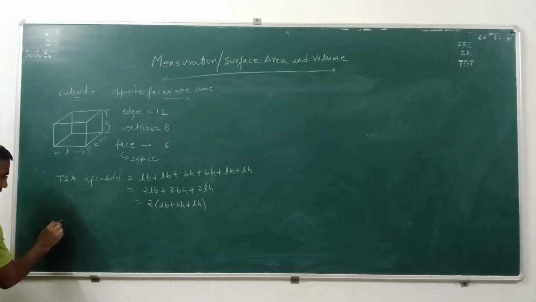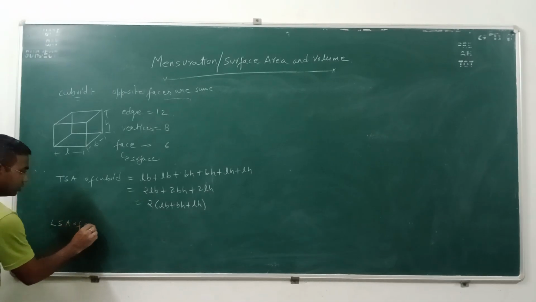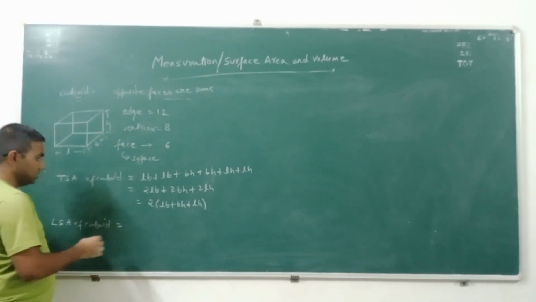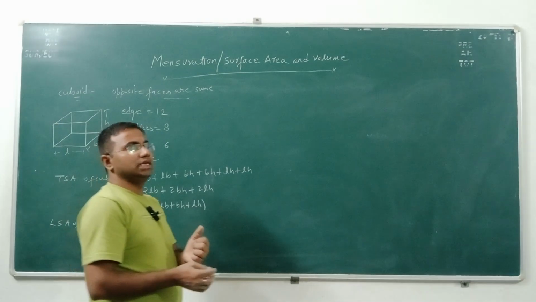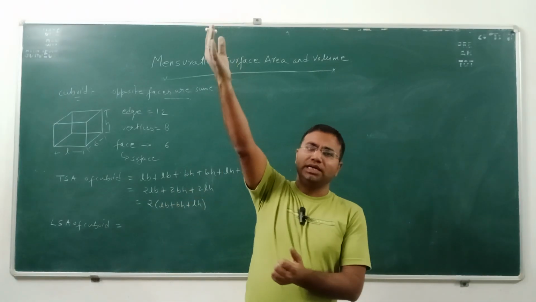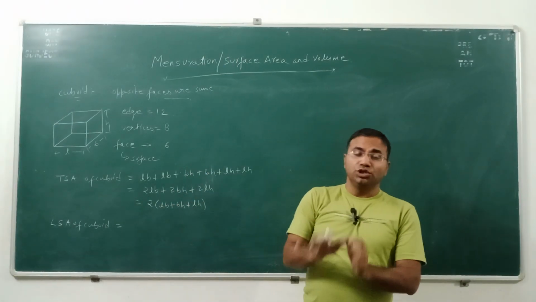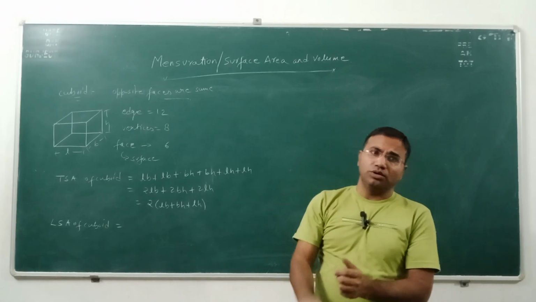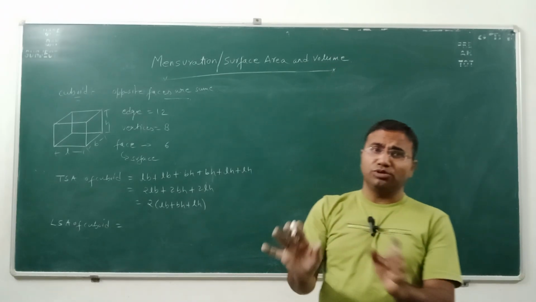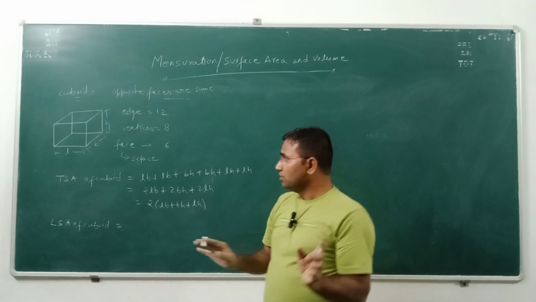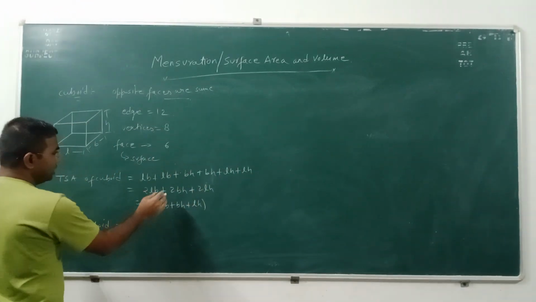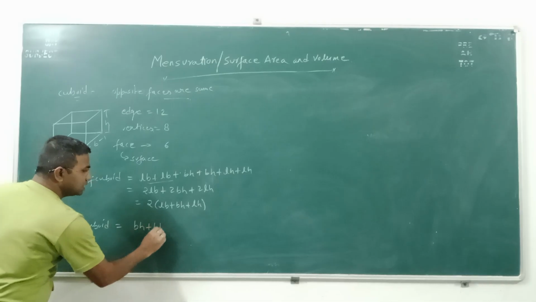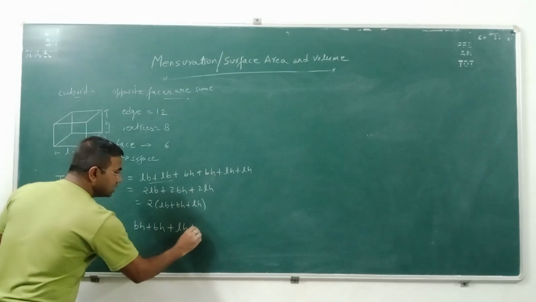Now LSA means lateral surface area of cuboid. Lateral surface area means you have to remove the upside area and lower side area, means you have to remove 2 LB. Upside area is LB and lower side area is LB. It means you have to remove 2 LB from the TSA. When you remove it, you get BH plus BH plus LH plus LH.